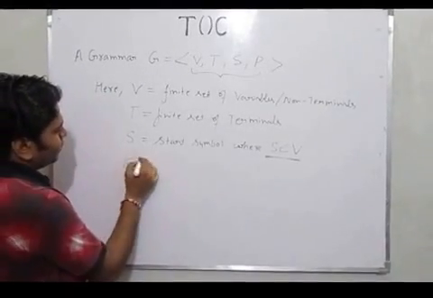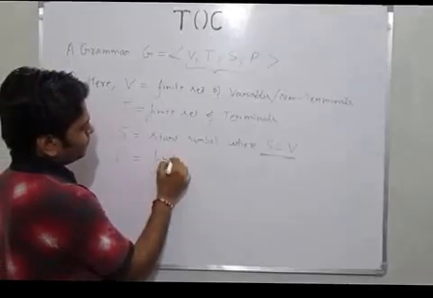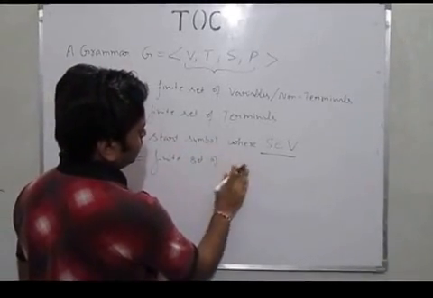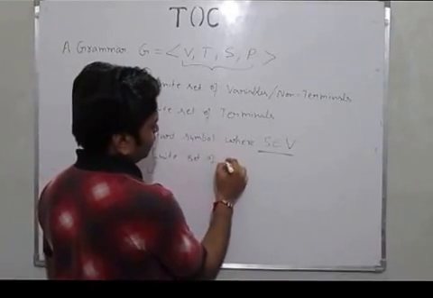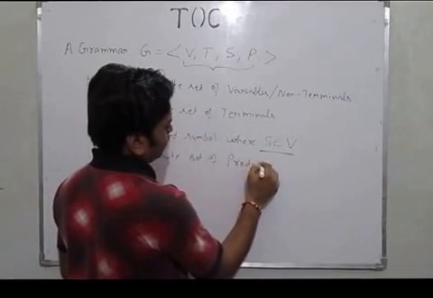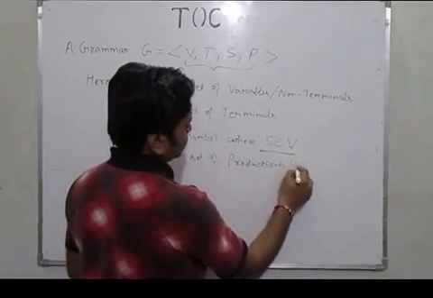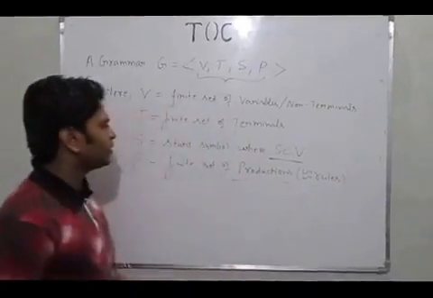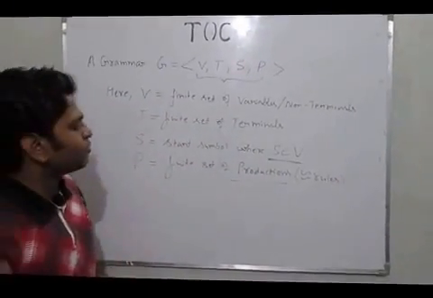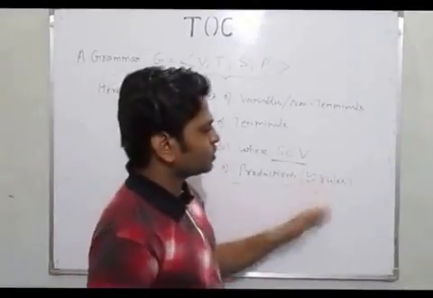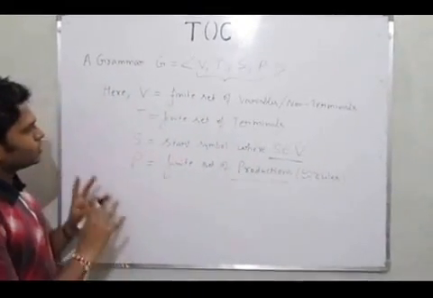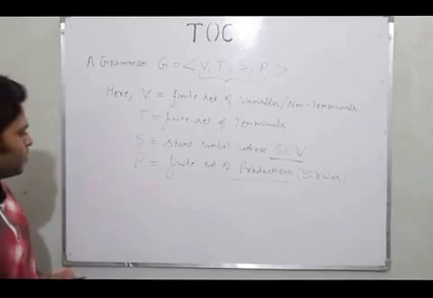Then we have P. P is a finite set of rules, which is nothing but productions. So P represents a finite set of productions, which is equivalent to the rules of a grammar. So this is basically the grammar.